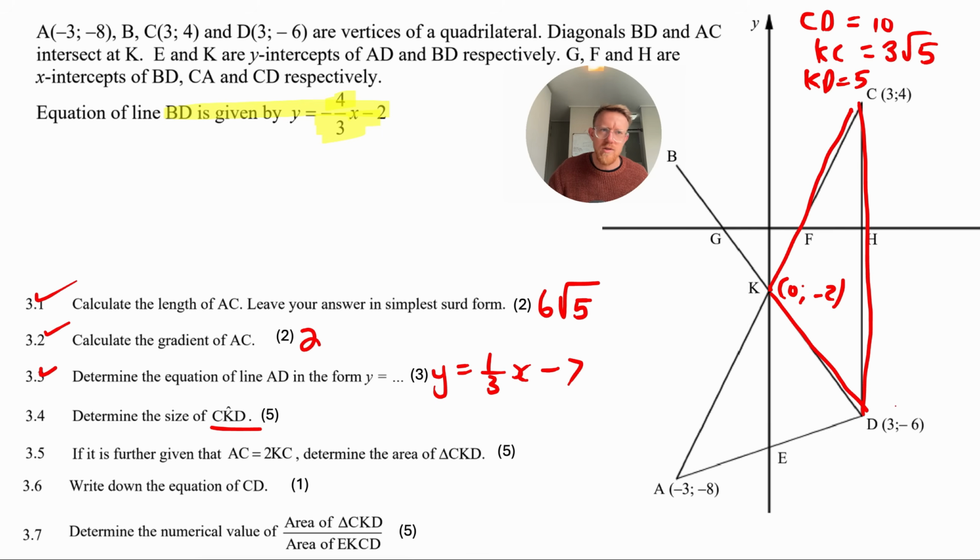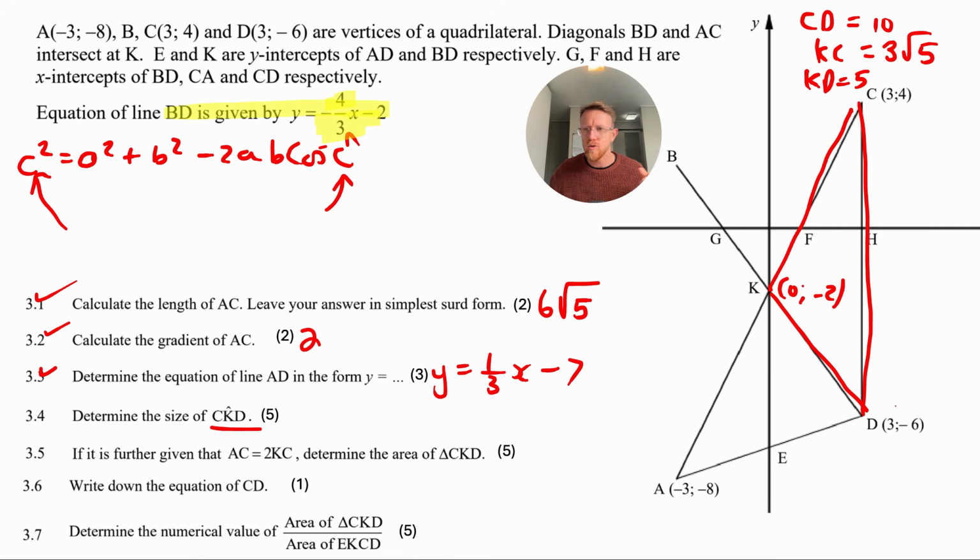So then what I can do is use the cos rule and find the missing angle. Remember, the way this cos rule works is that this is the angle and this is the side opposite the angle. So if this is the angle, then the side opposite that is this side over here.